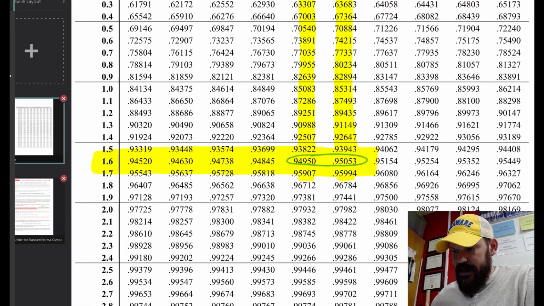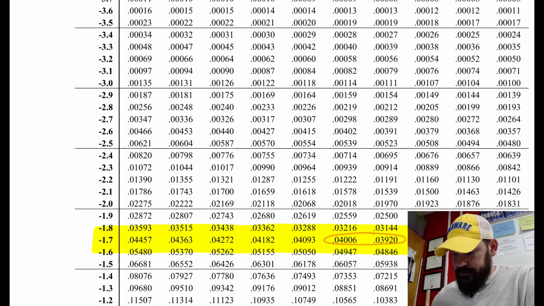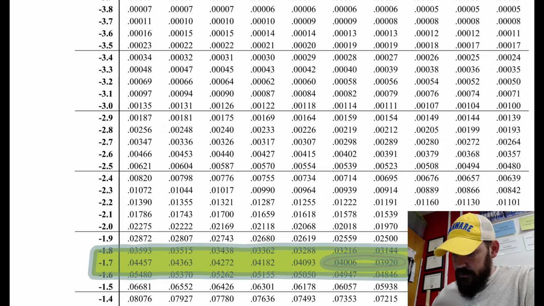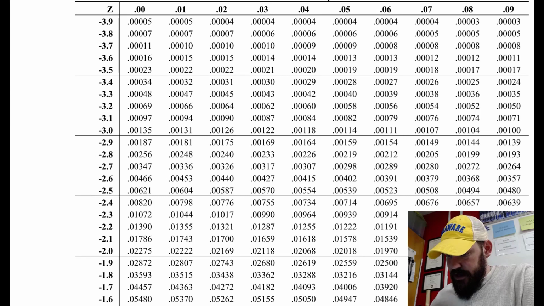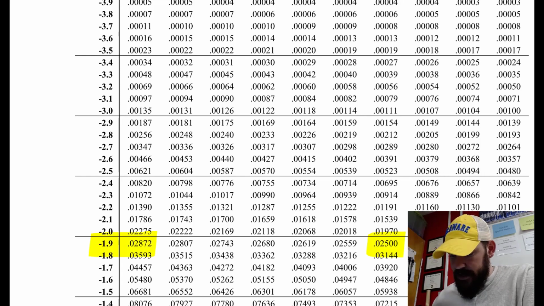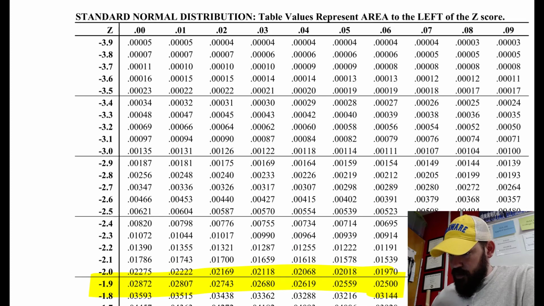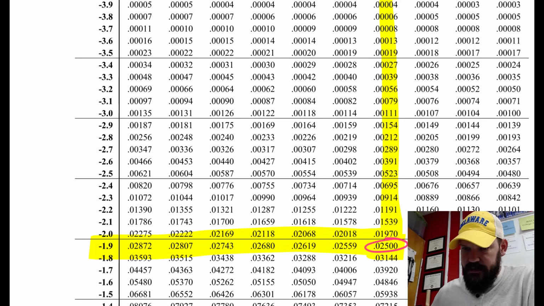That will be in the negative z values because it's to the left of the mean. Right there it is. We found it exactly. It's at negative 1.96.